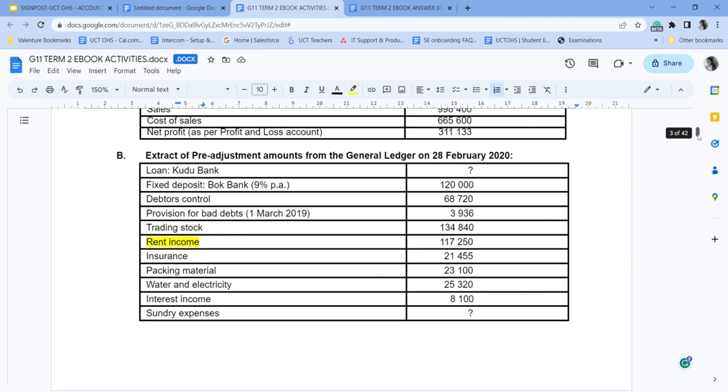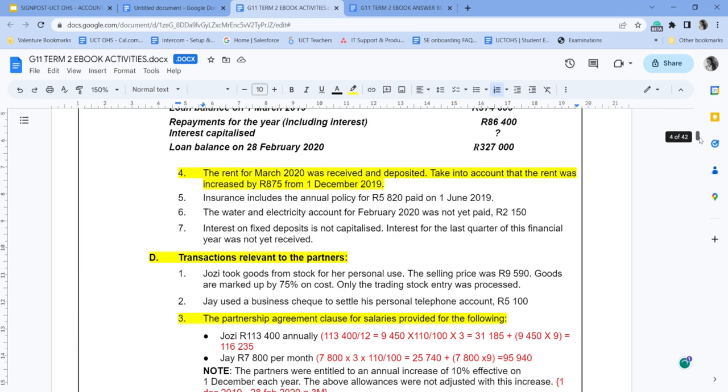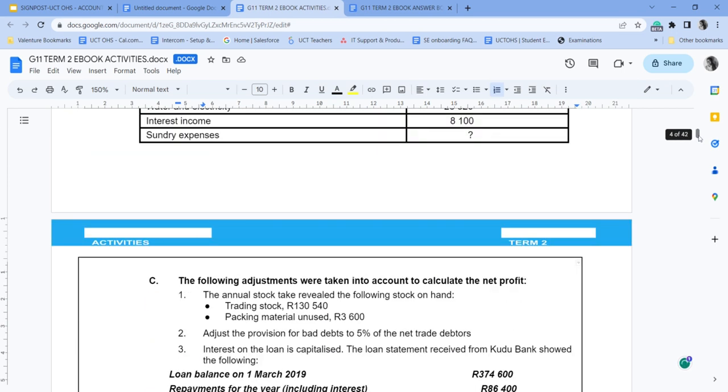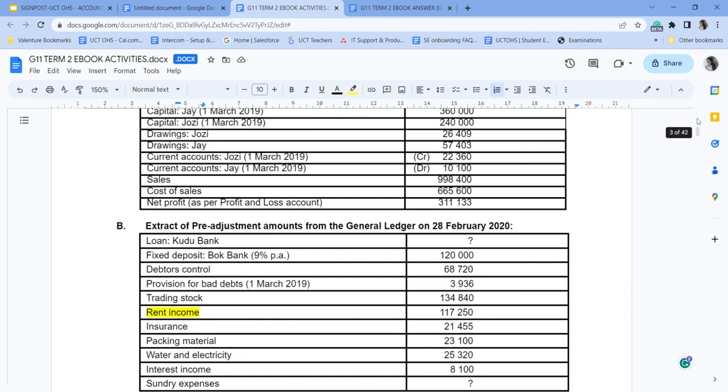How much did we actually calculate in our physical stock take? We did a stock take and found that our trading stock was sitting at 130,540. So physically, items that we can touch, feel, and see in the store in total are sitting at 130,540. But our books are saying the stock in our stores is supposed to be sitting at 134,840.